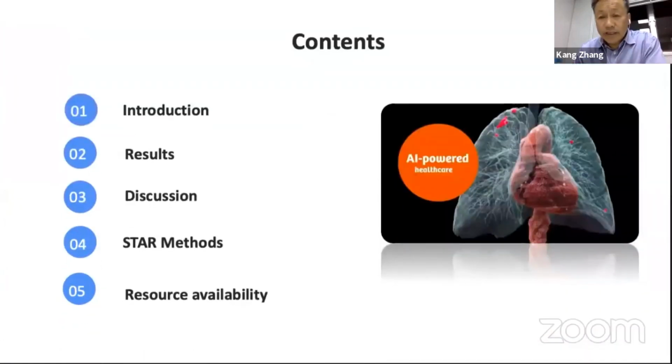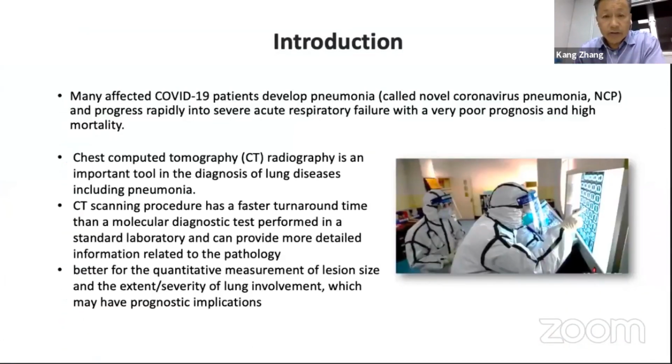I don't have to tell you how important it is to diagnose COVID-19, and computed tomography has been an important tool in non-COVID disease diagnosis, including pneumonia. Obviously, this takes on a more important meaning in COVID-19 because of the shortage of nucleic acid-based testing methods.